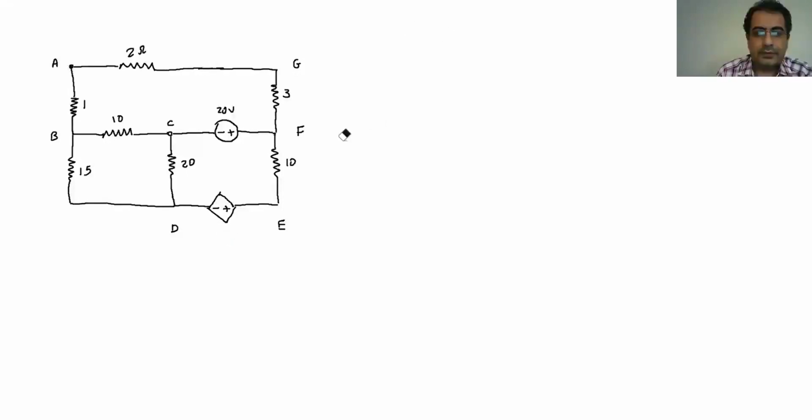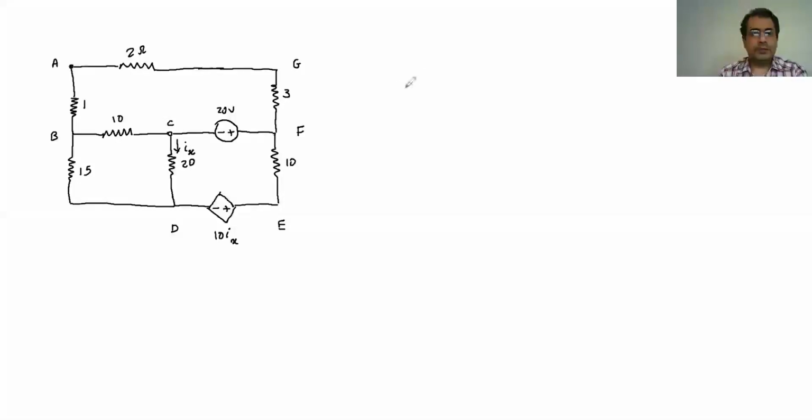So if this is 10 ix, make it lowercase, 10 ix, and assuming the current in this one is ix. So this is the dependent source, and the value of that depends on this current in this wire here, or this resistance here.